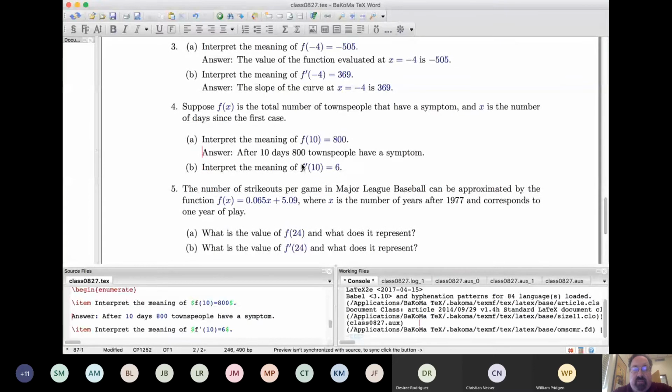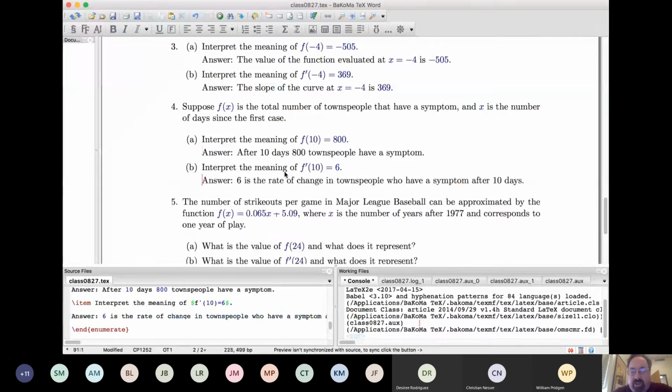Whereas if we have this statement, the derivative of the function after 10 days is equal to 6. Again, derivative is referring to a rate of change. Roughly what this means is that after 10 days have passed, the change per day, like how many new people are picking up the symptom each day, is 6.